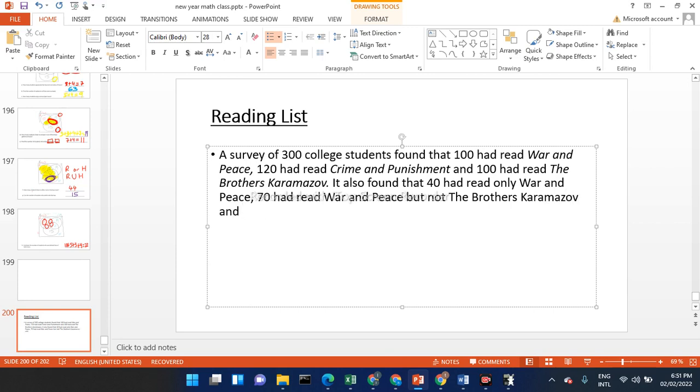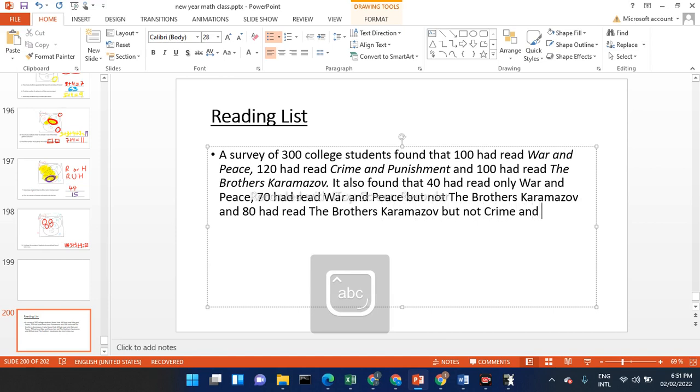And 80 had read The Brothers Karamazov, but not Crime and Punishment.